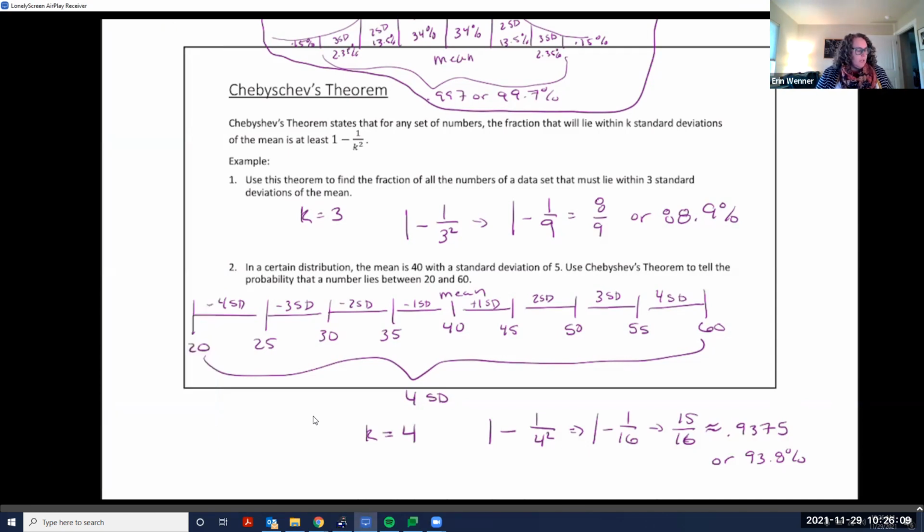So if you're wondering when you're going to use this in your homework, for 9.2, they use Chebyshev's theorem on numbers 6, 7, 8, 9. 8 and 9 are that probability example that we just did.